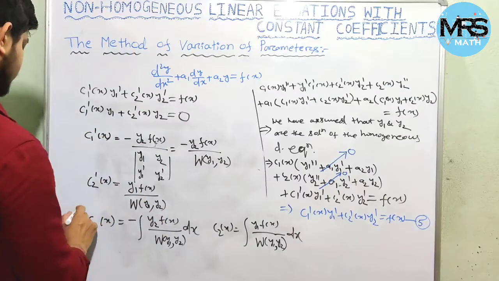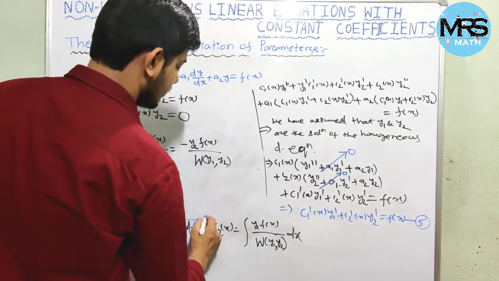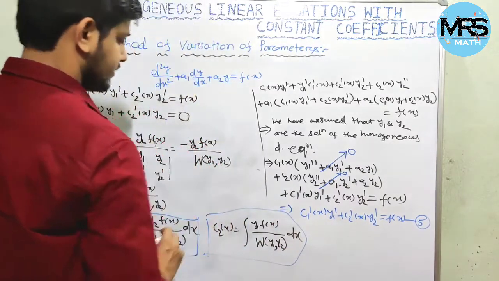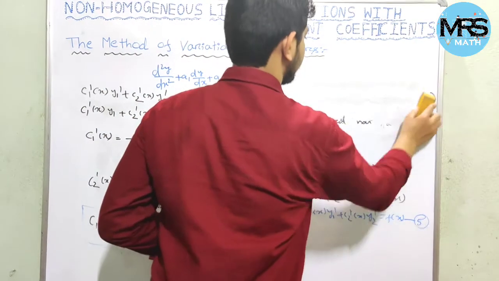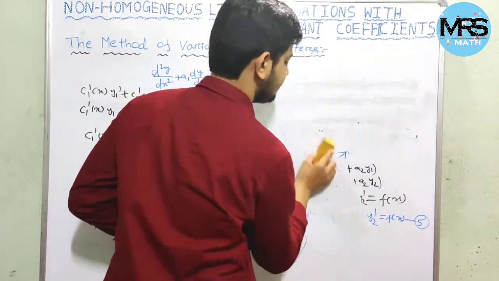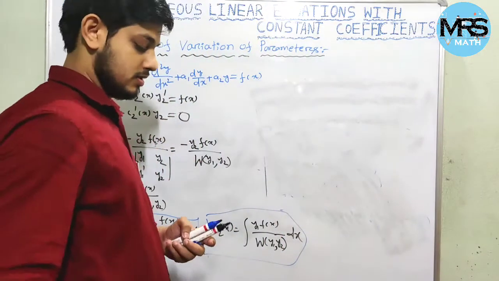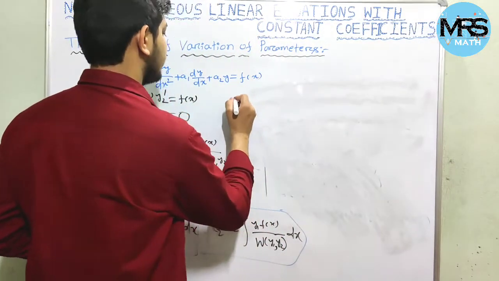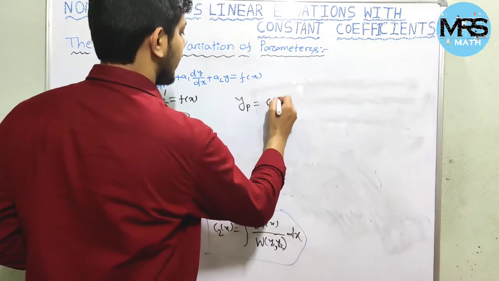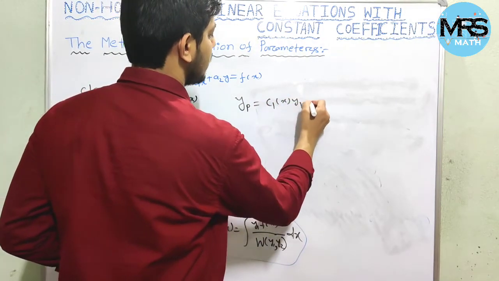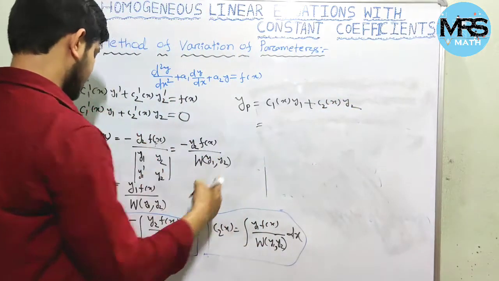So this is our c1 and c2. Since we got c1 and c2, our particular integral will be yp equal to c1 of x y1 plus c2 of x y2, correct. So what is our c1?